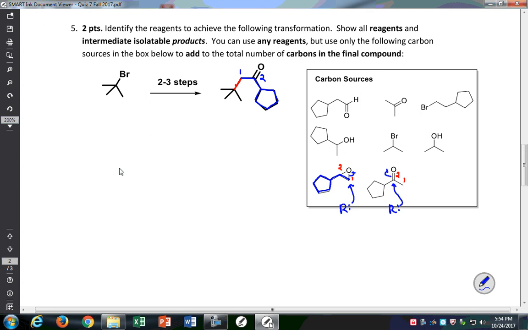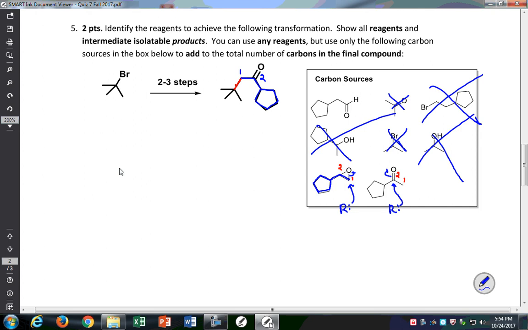Again, we can't react the Grignard with an alcohol. The Grignard doesn't react well with an alkyl halide because we get the E2. And this won't lead to it, it doesn't even have a cyclopentane ring. So clearly those are not the reagents.